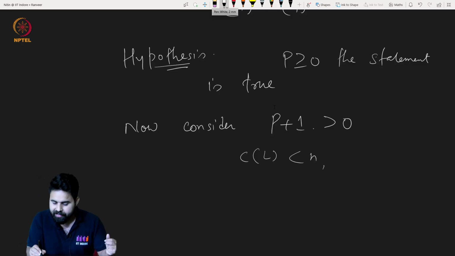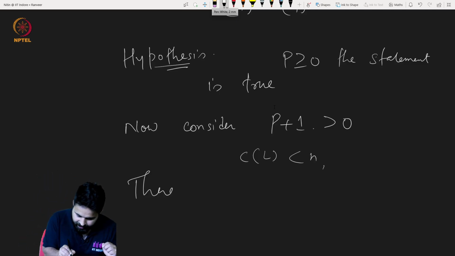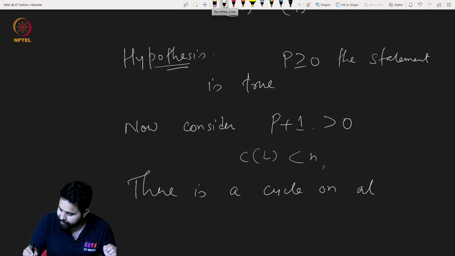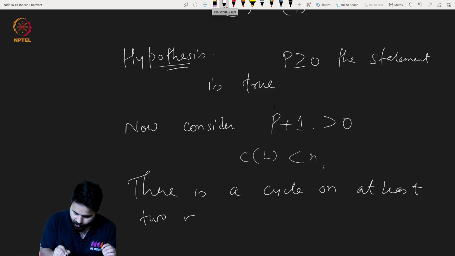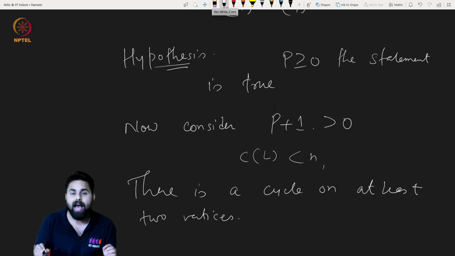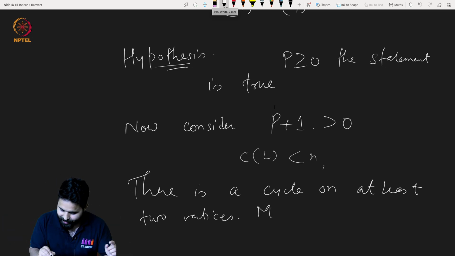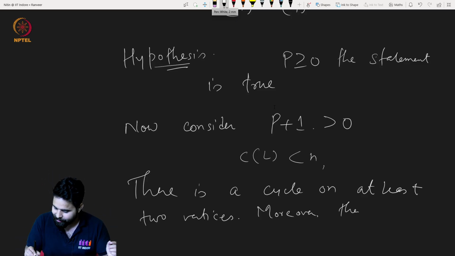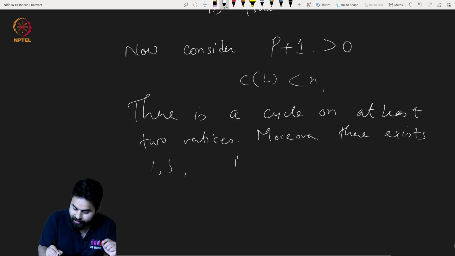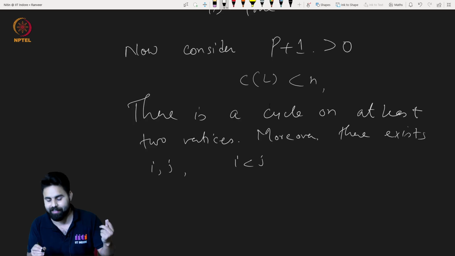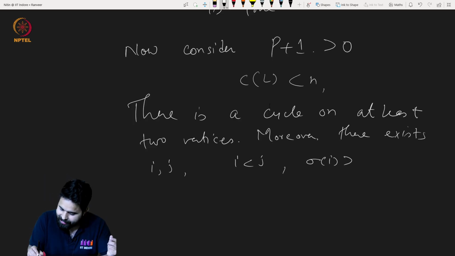That means there is a cycle on at least 2 vertices, and moreover there are 2 elements i and j, such that i is less than j, but sigma i is greater than sigma j.